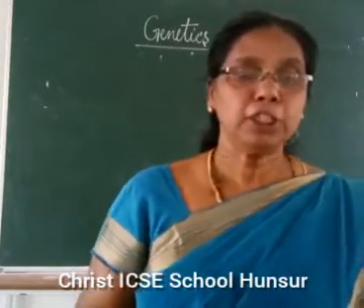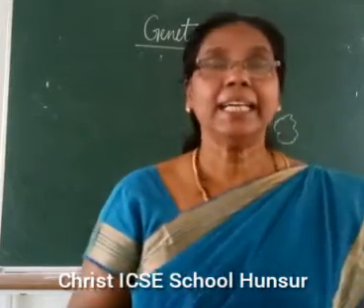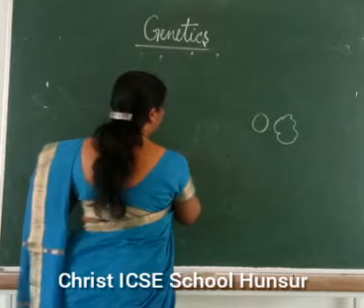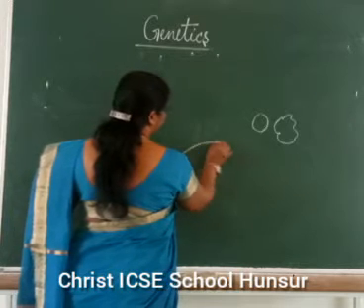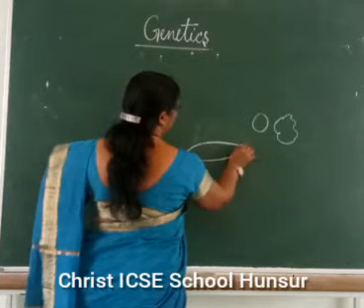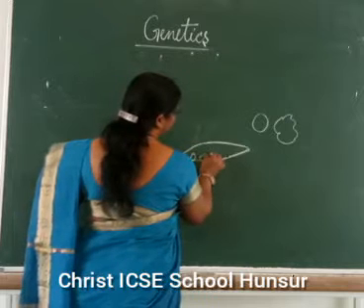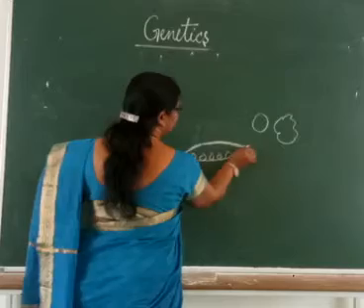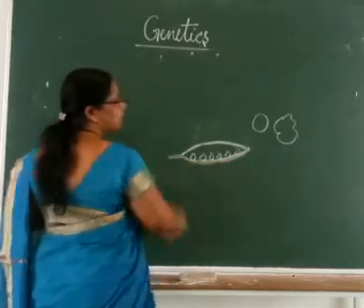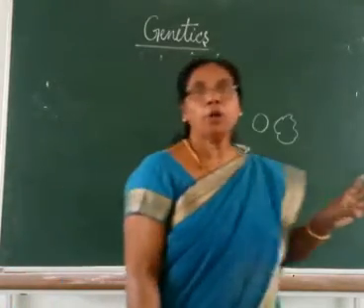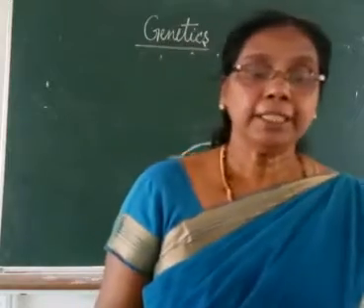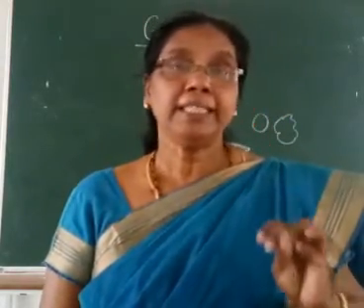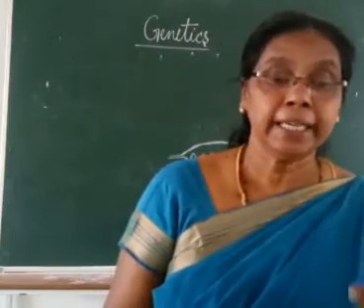And the next one is pod color, that is green and yellow. Pod color means you can see that green piece like this it will be there, and inside that these seeds will be like this, isn't it? This structure that is covering that, this structure is called as what? Pod of the seed. So this pod, 2 contrasting characters are there. One is green and the other one is yellow.